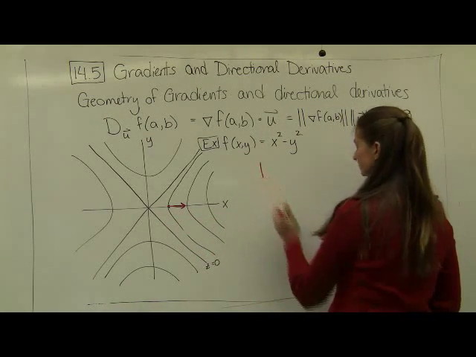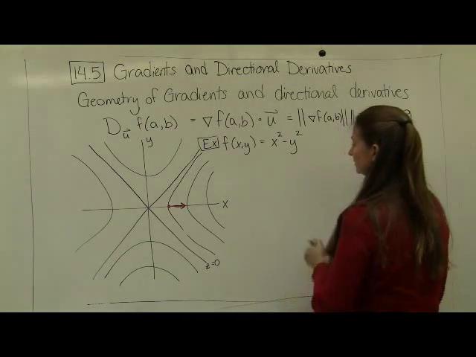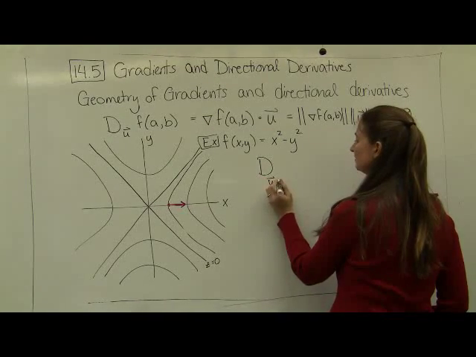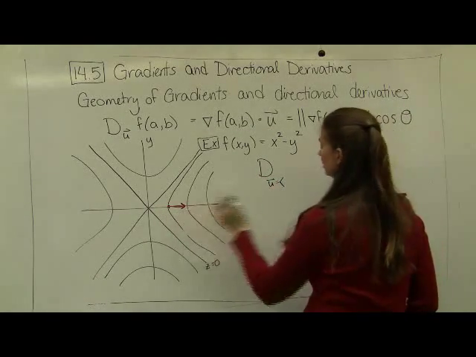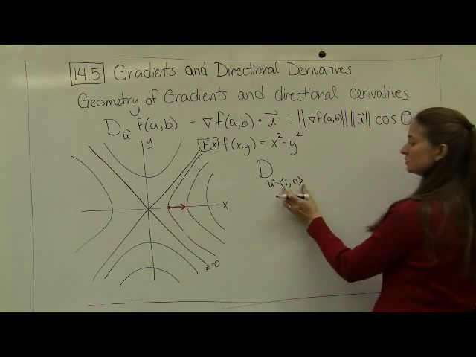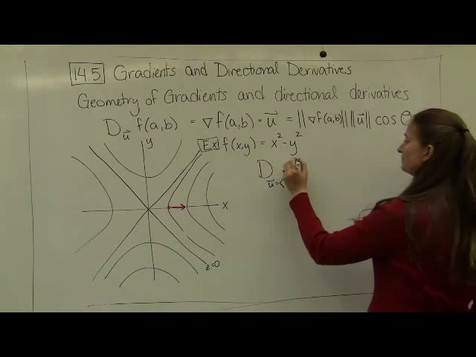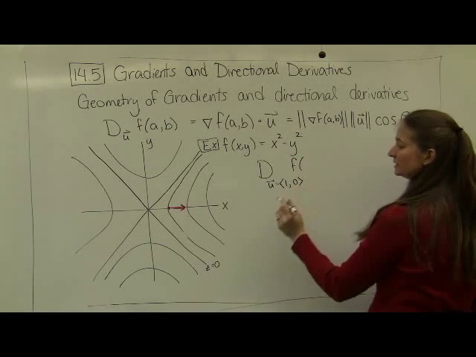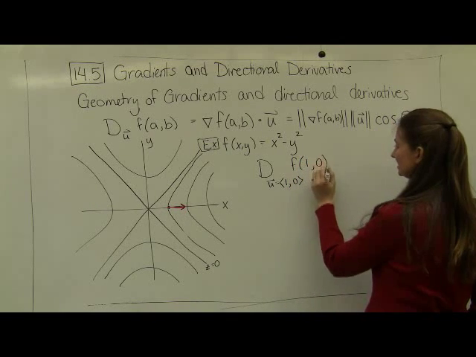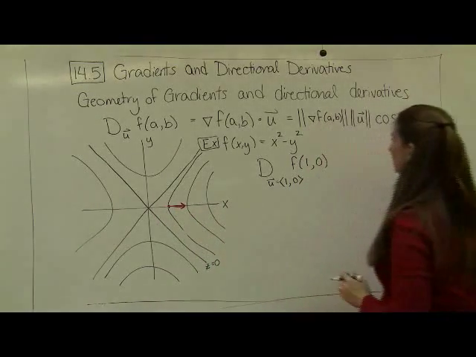I want to know, whoops, what is the directional derivative where my u vector is equal to the vector where my x's are increasing by 1 and my y's are increasing by 0. I know this is 1 unit in length because of the way that I defined this vector, and I'm going to evaluate it at the point (1, 0). That's just a coincidence that I decided to put it at this point facing in this direction.